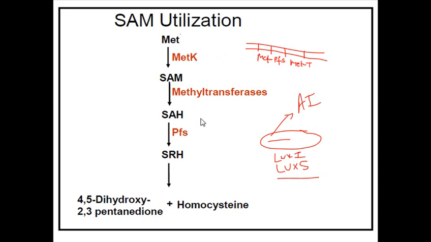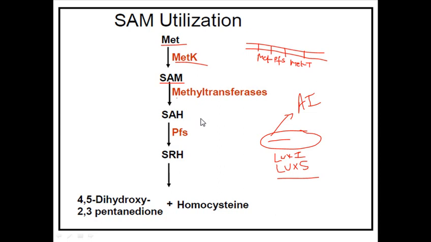In this picture, we have methionine, and we have made kinase which will phosphorylate it to make SAM. Here we have the methylated adenine portion. We need to transfer the methyl group from this molecule to other molecules to carry on the signaling.